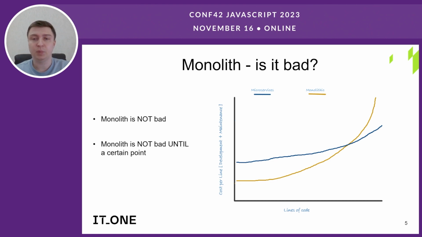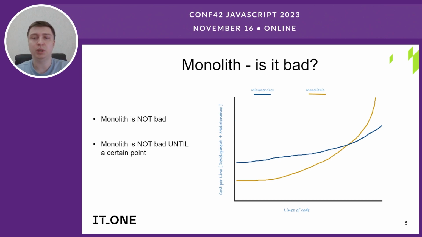Now there are two distinct curves here. The blue curve is microservices. This starts relatively flat but begins to rise gradually as the lines of code increase. In the early stages of the project, its cost might be higher due to the setup required for individual services.